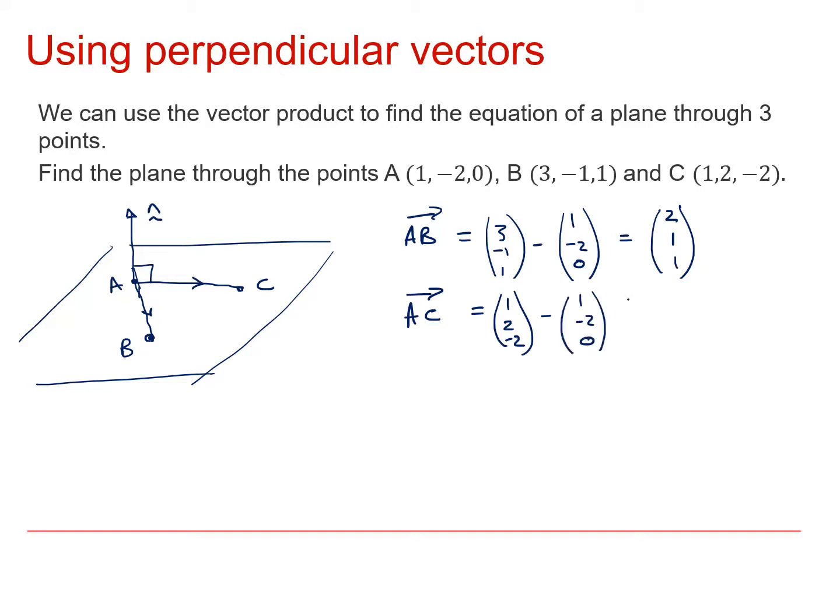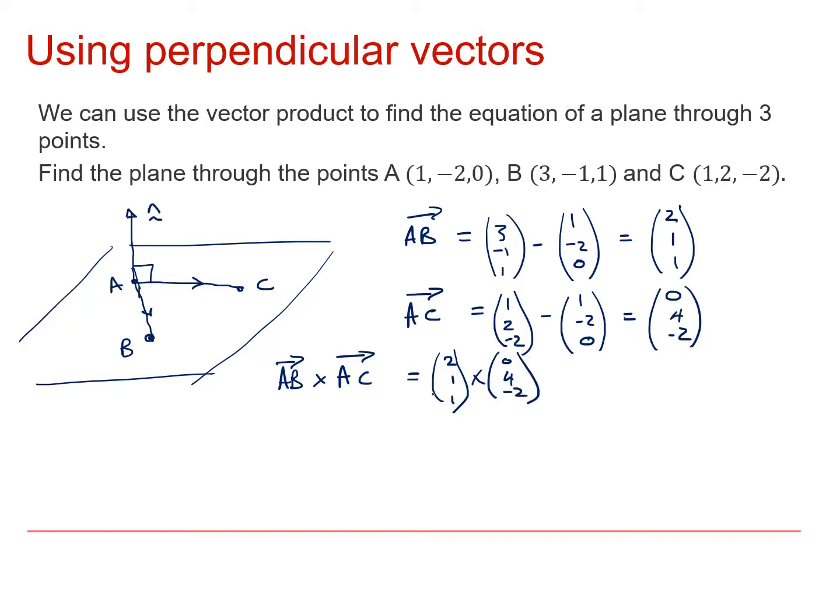And that's (0, 4, minus 2). So AB cross AC is (2, 1, 1) cross (0, 4, minus 2).